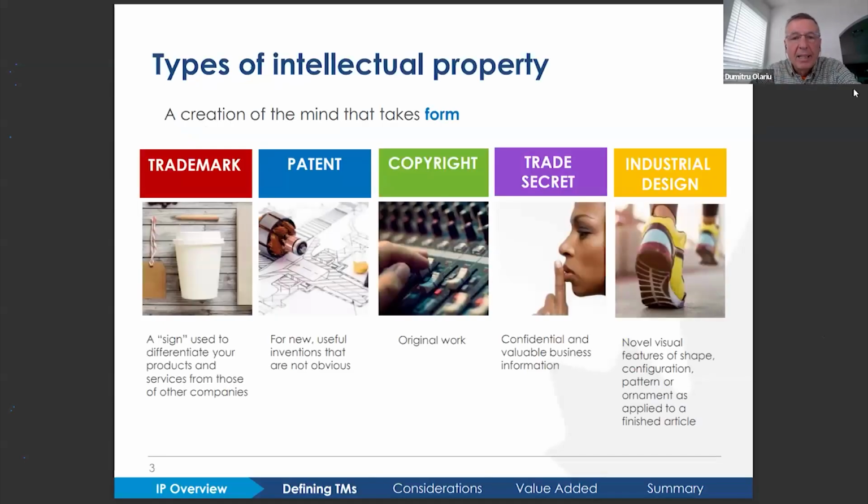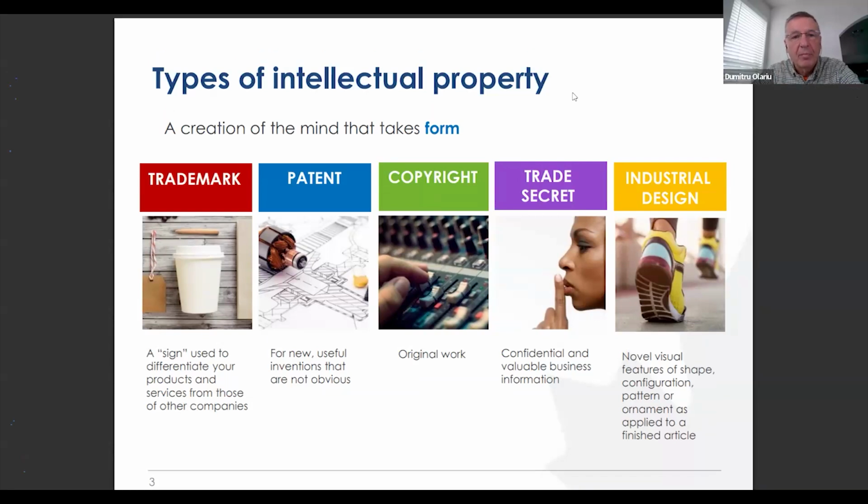So next slide presents the main types of intellectual property we find in Canada: trademarks, patents, copyright, trade secrets, industrial designs. And we will cover them with the examples in the slide that we have for traditional knowledge creations.